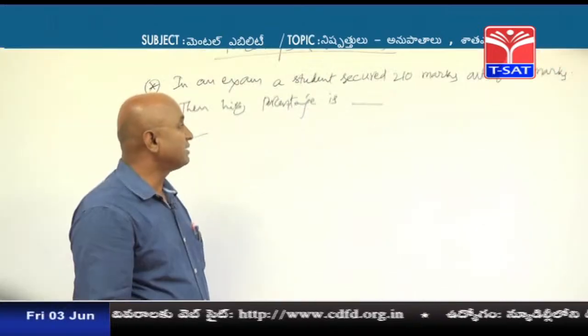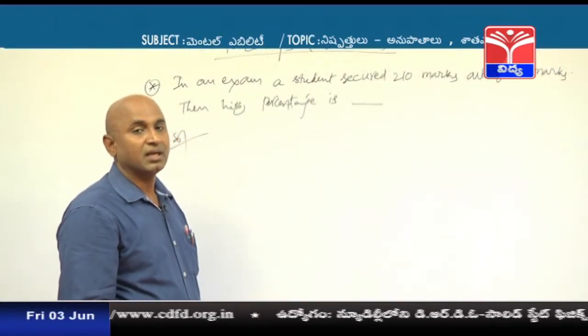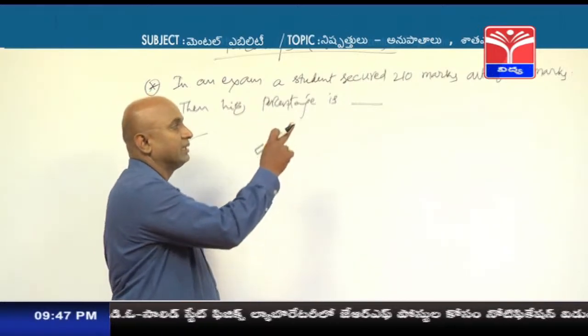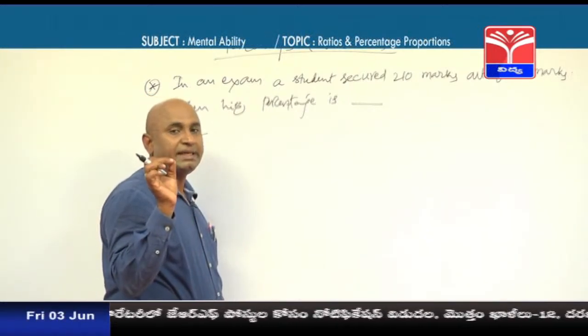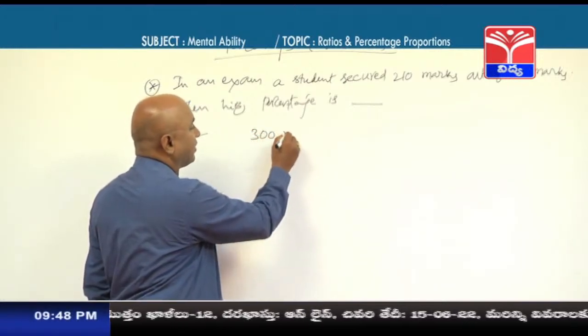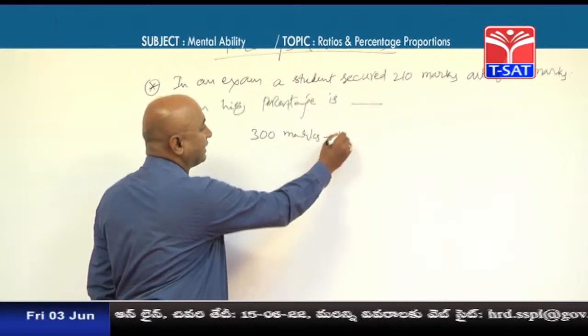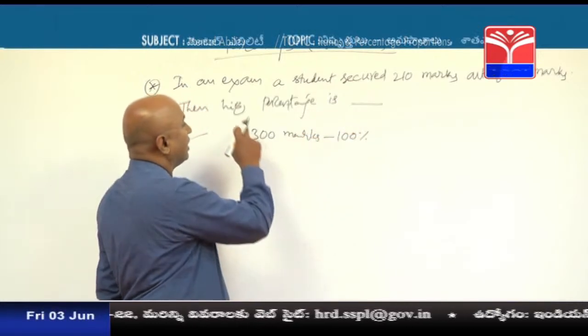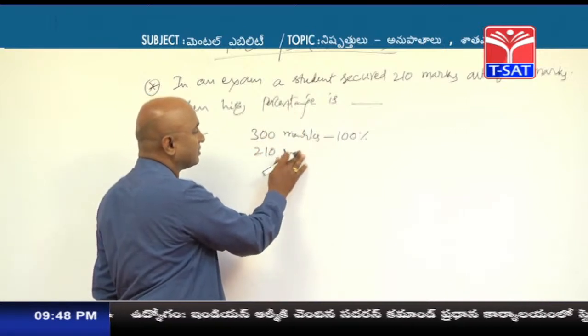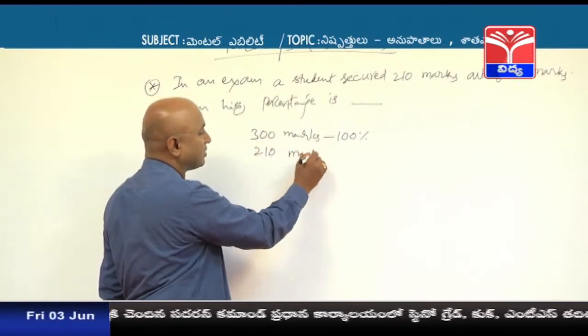In an exam, a student secured 210 marks out of 300 marks. That means the exam is conducted for 300 marks. Got it? 300 marks corresponds to 100%. In that exam, he got 210 marks.